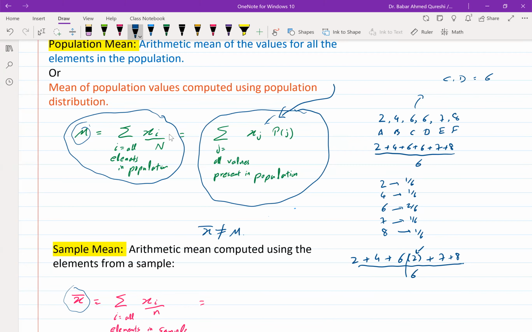But when I do this, I can collect terms and write it like this. What is this giving me? It gives the frequency of a particular value, how many times it appears, divided by the total number, which is the formula for the probability when n is large.